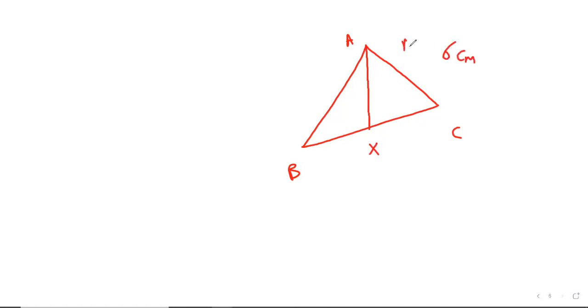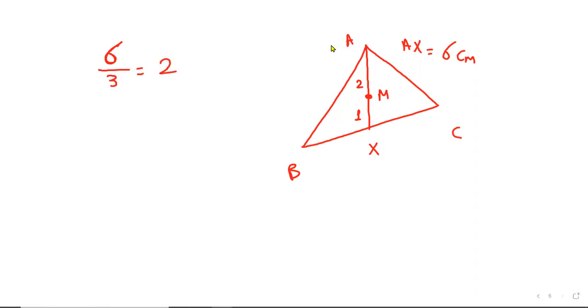Okay, AX. And what is the next? Then AM. M is the point of intersection of medians. You know this point M divides the median in the ratio 1 to 2 from the base and 2 to 1 from the vertex. So we are going to divide this 6 here by 3 parts. 6 divided by 3 equals 2.